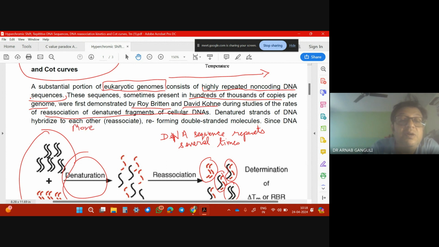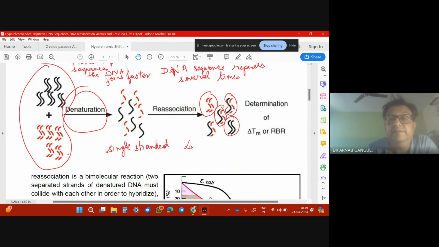More repetitive DNA joins faster. Less repetitive DNA reassociates slower.